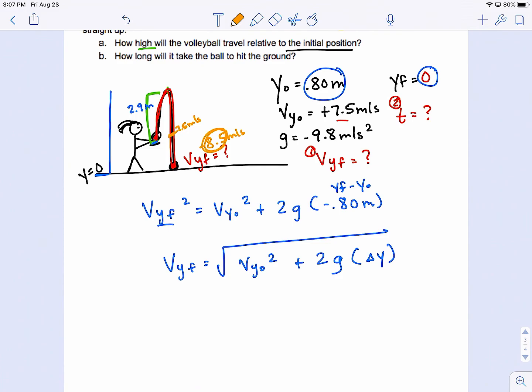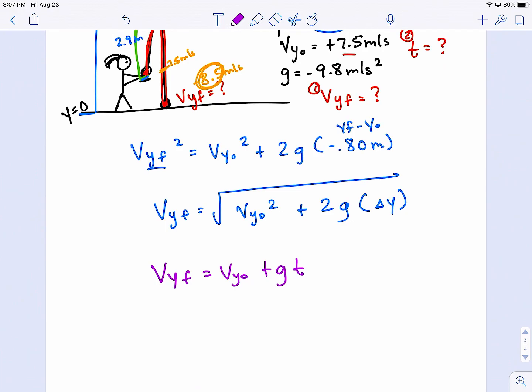So now we can use this equation to solve for the time. So the time is the final vertical velocity minus the initial vertical velocity divided by g.